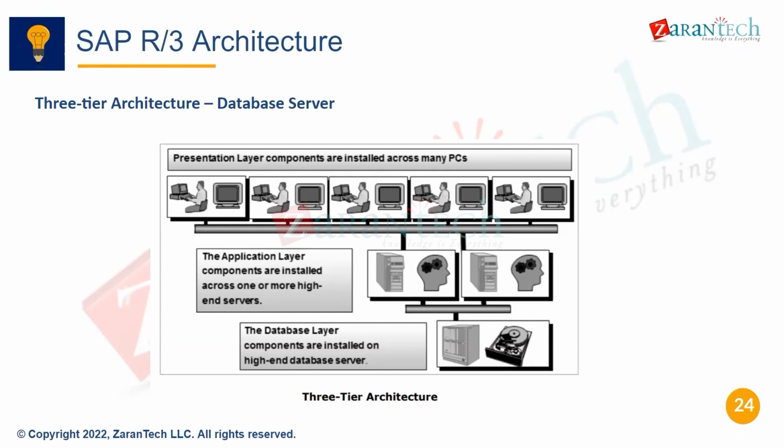Okay. Now, with R3, it became much faster when all these are in different servers. The speed has drastically increased. So all three layers will be residing in three different servers, and all those are connected together.